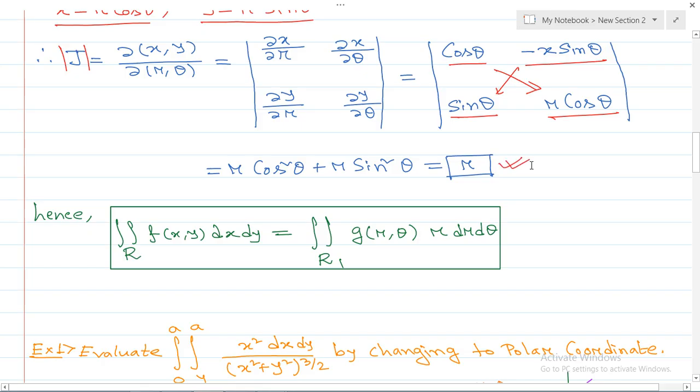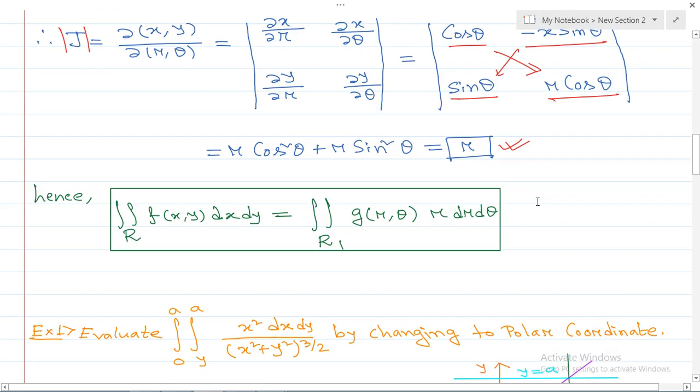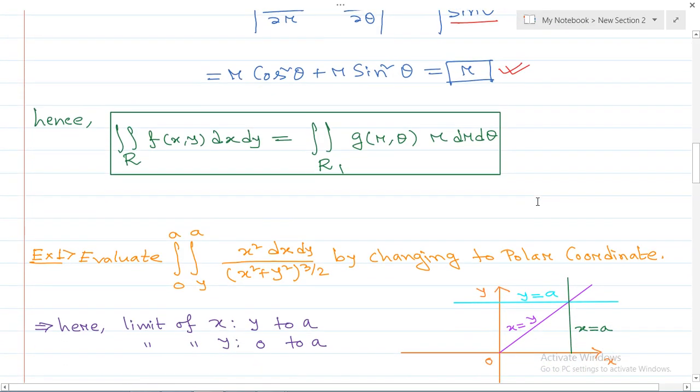So what will be the conversion formula from the Cartesian coordinate to the polar coordinate system? That is double integration over R of f of x, y dx dy. It is going to be double integration over R1 of g of r, theta, because in place of x we put x equal to r cos theta and y equal to r sin theta, wherever we are getting x and y.